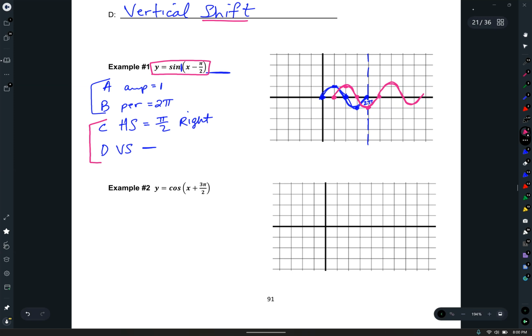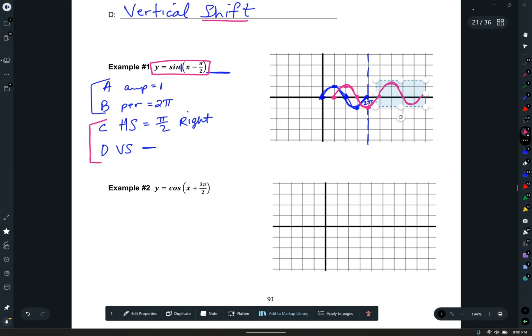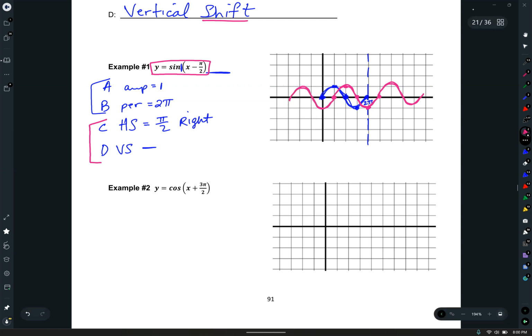So really this graph could go on forever and ever in both directions. So really that whole thing is the sine graph. It's just that we're only drawing one section of it, right? It's periodic, so really it goes on forever.